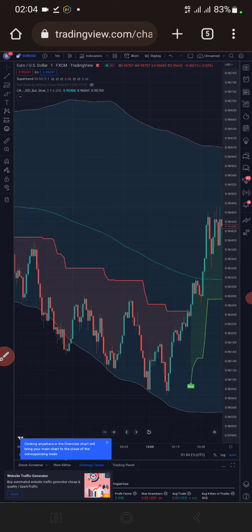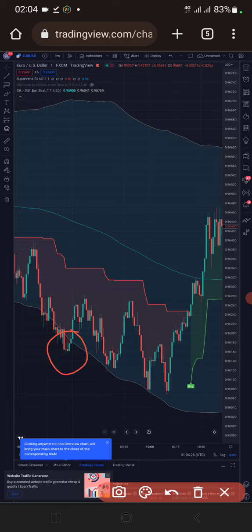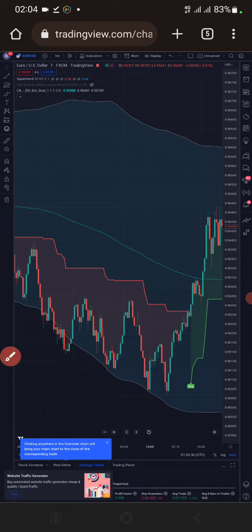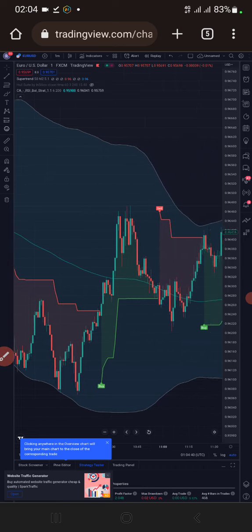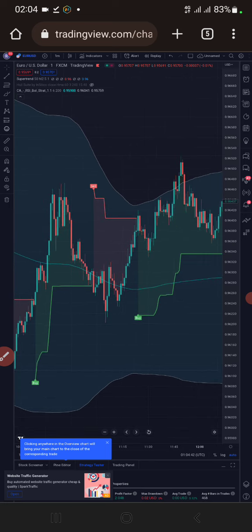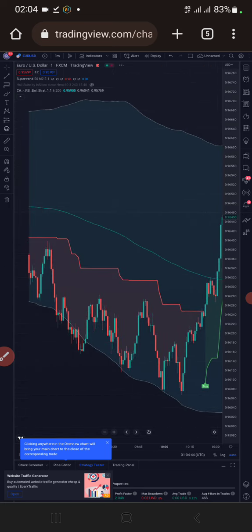You can enter your trade right here, and as you can see, the market went down but started pulling back upward, as you can see right there.